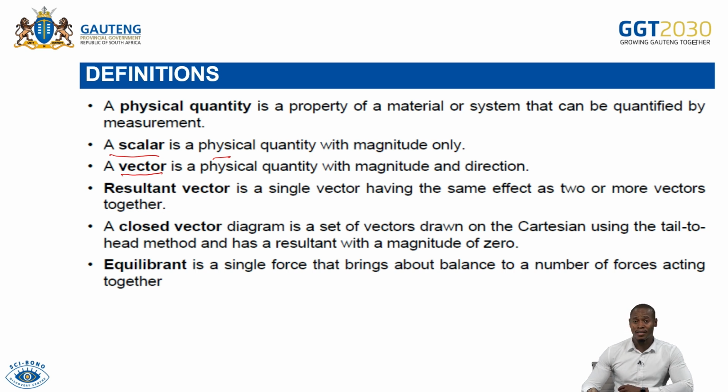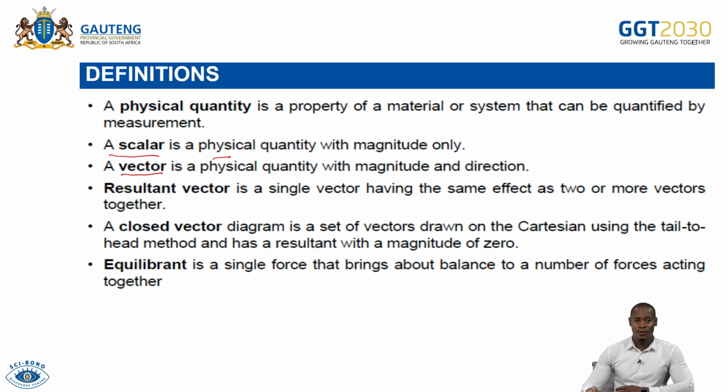So when you give the final answer, let's say the question says calculate the velocity of this object, then you'll say, for example, 5 meters per second east. That is the value, magnitude, and the direction. 5 meters per second is the magnitude, and the direction is easterly.